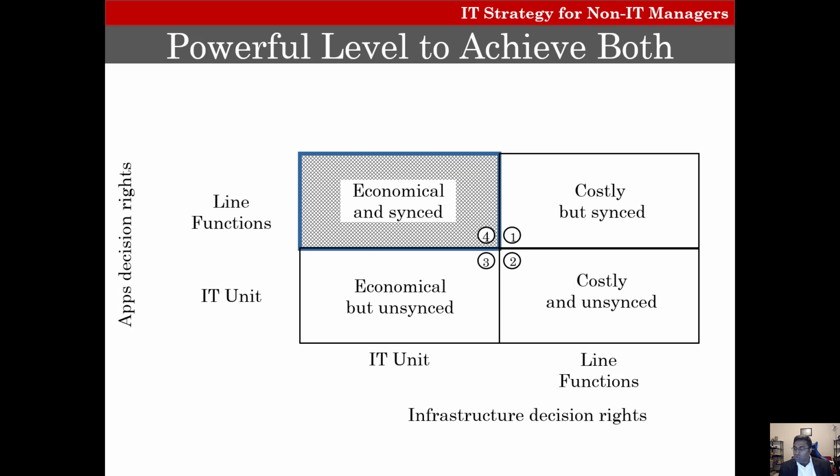So let's go to the next slide. So 1 and 3 tend to be very common, where line functions decide everything or the IT unit decides everything, and you'll notice that you get one or the other. Either it's economical but not synchronized with your strategy, or it's synchronized but costly. And so this way you can get both.